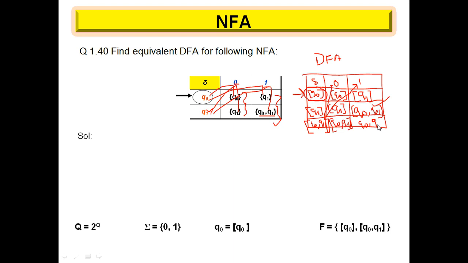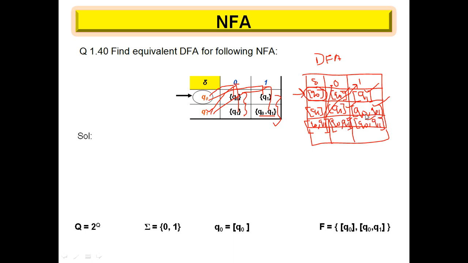Okay, so we have this Q0 and Q1. Now which state should we take here right now? Which state is going to come here? From there itself we have 1, 2, 3, 4, 5 and 6 options.